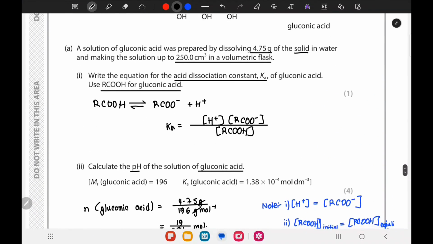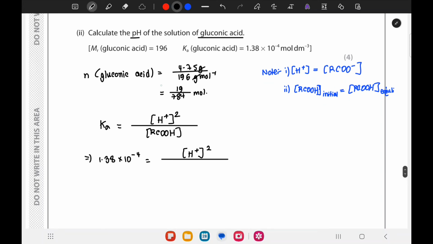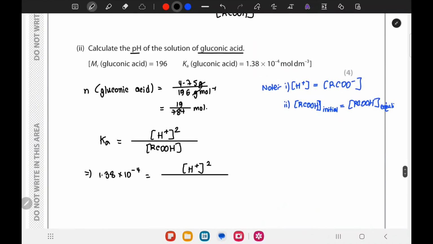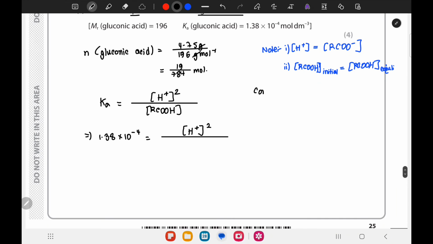We have to calculate that. We have this many moles of gluconic acid being dissolved in 250 cm cube. So the concentration of gluconic acid is the number of moles divided by the volume. So 19 by 784 divided by the volume.